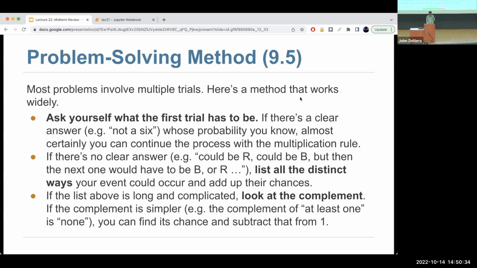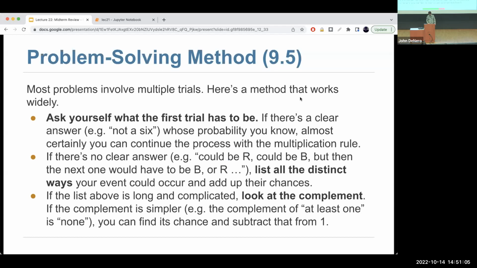What should we do next? You'll be asked some probability problems. What's the chance of, whatever. Here's the approach, and it works, so don't forget it. If there are multiple different steps in the event, like you're flipping a coin and then rolling a die based on the outcome of the coin, first ask yourself, do I know the outcome of the first trial?